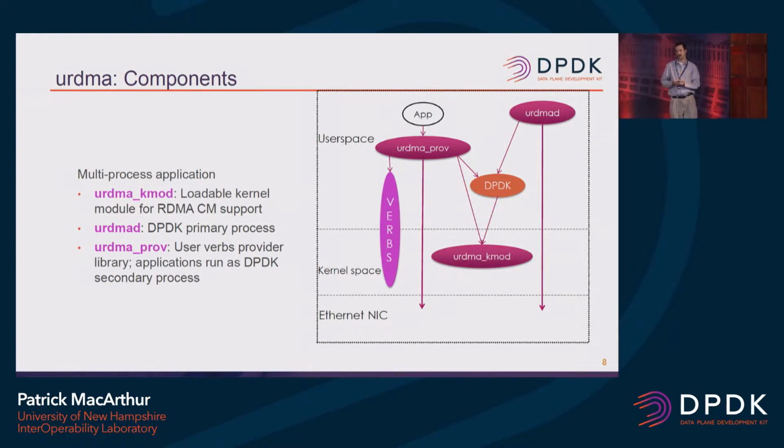The RDMA verbs APIs require that the kernel exposes a device in order to initialize. And then it has a primary master process that does all of the setup, and then a provider library that implements the verbs API and does all of the data transfer.